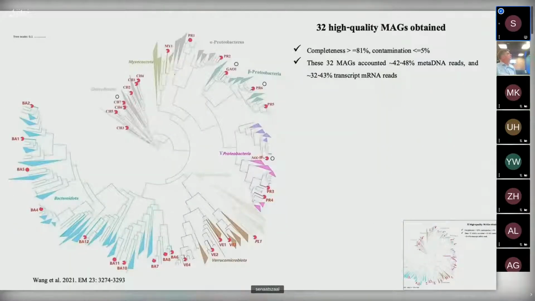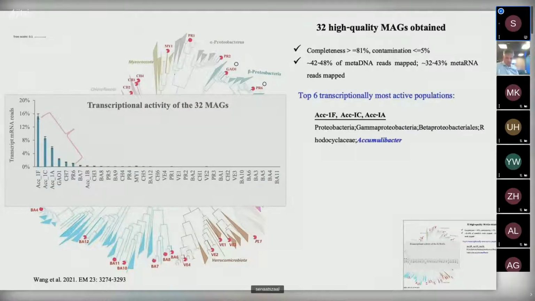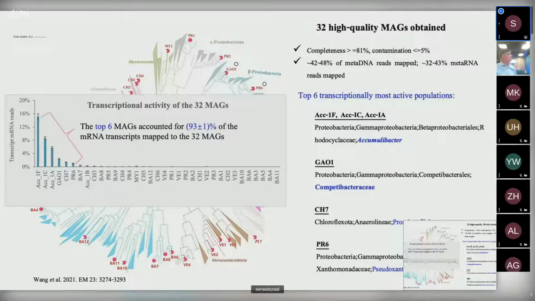In total, 32 high-quality MAGs were obtained, among which 3 co-occurring Acinetobacter populations, 1 Candidatus Competibacter GAO population, 1 Chloroflexota population, and 1 Proteobacteria population accounted for above 90% of the overall transcription activity.